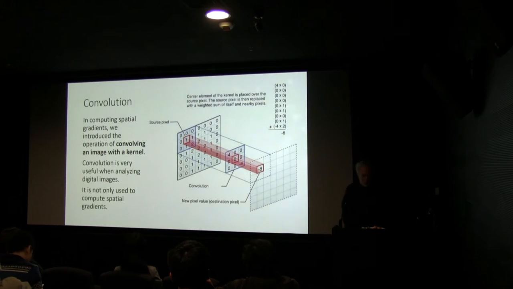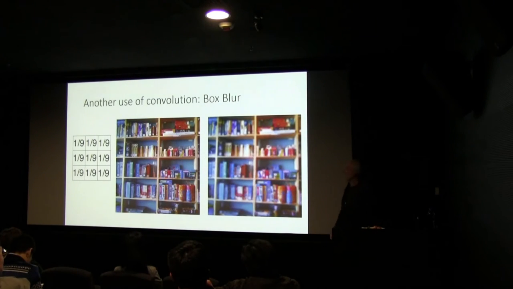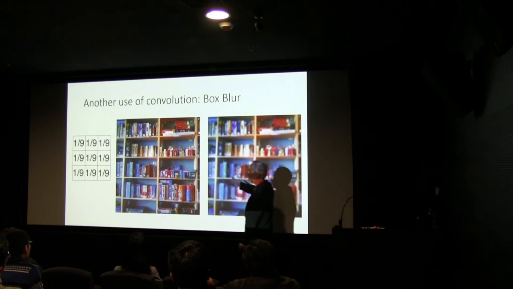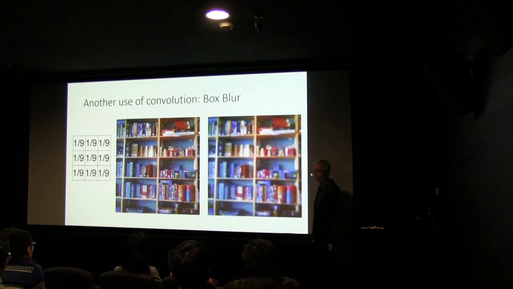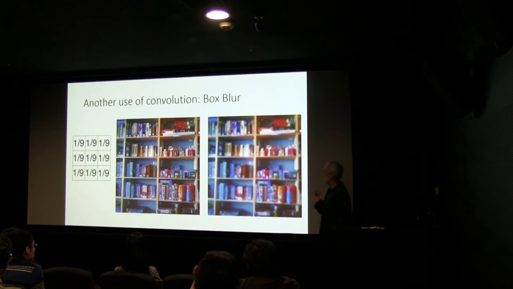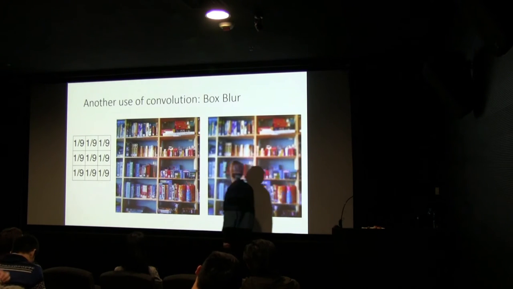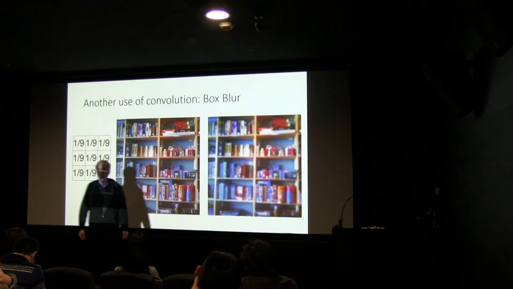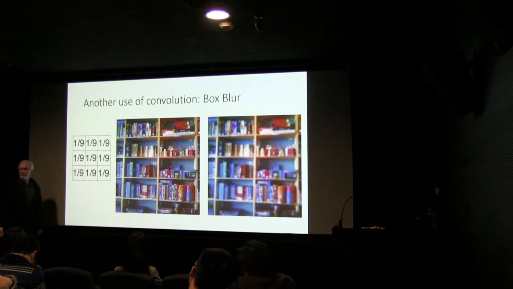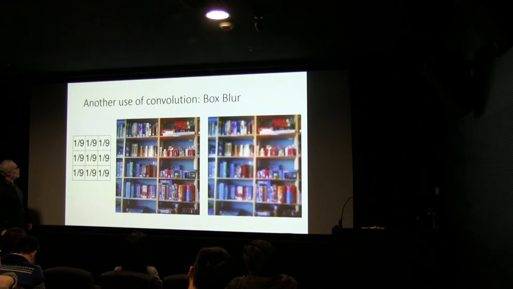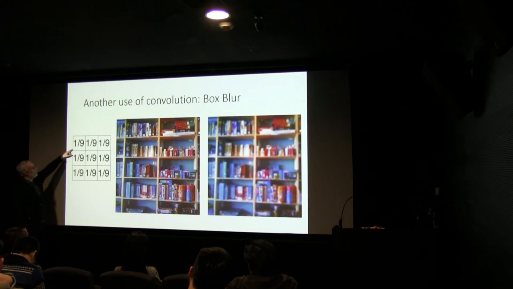Now, how do we use convolution? One way is blurring. When we blur an image, for example in Photoshop, what's going on there is that we apply a convolution. In this case, the most common or easiest kernel to understand is this one. They're all the same.